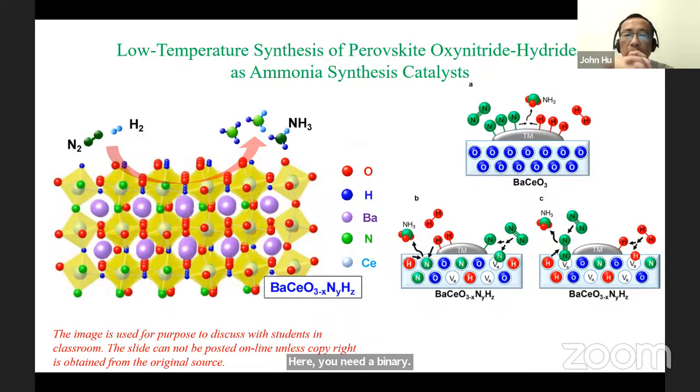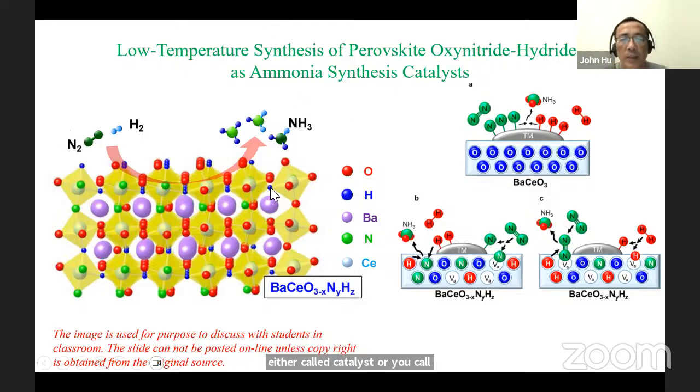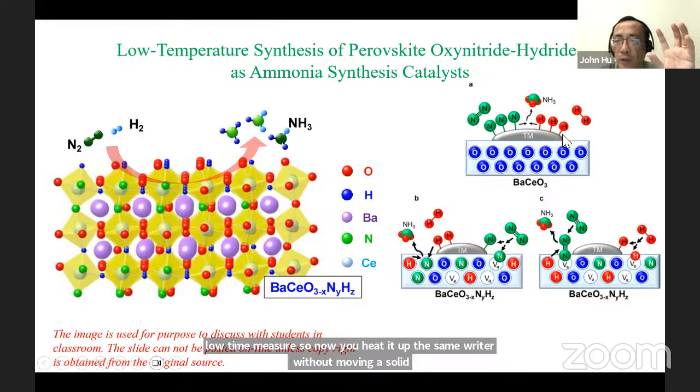You follow me? So basically, this is like a continuous process. You have nitrogen and hydrogen coming in. I basically disconnect and segregate the process for you. So you have this material, either called a catalyst or you call it a nitrogen and hydrogen carrier. So nitrogen and hydrogen come in, they react, and then in the same reactor you heat it up, but keep in mind they react at a low temperature. See the title, at low temperature. Now you heat it up in the same reactor without moving a solid, and then nitrogen and hydrogen combine.